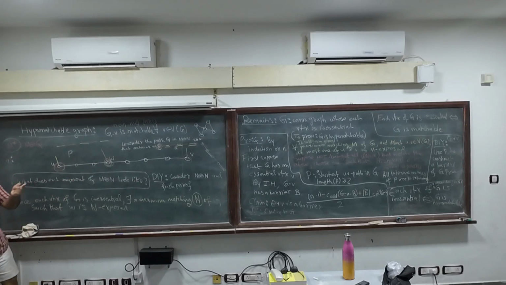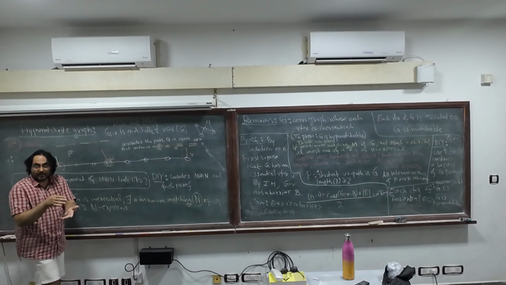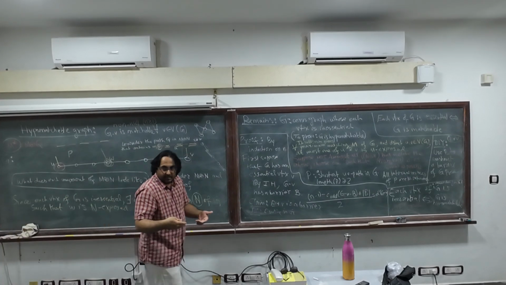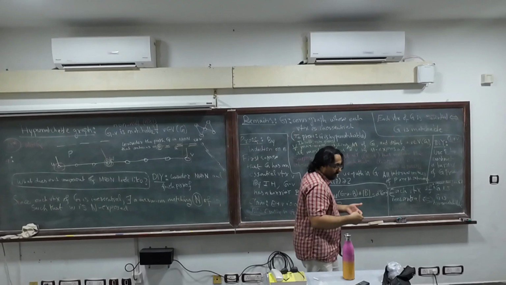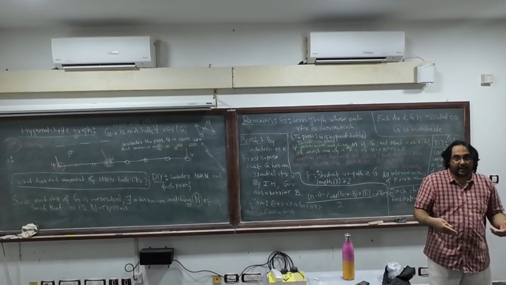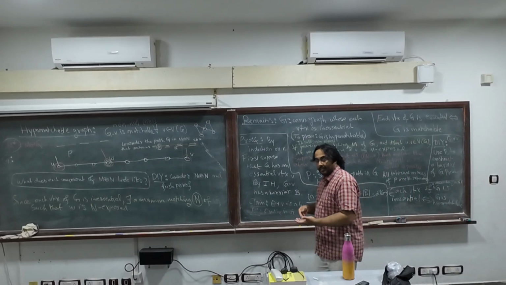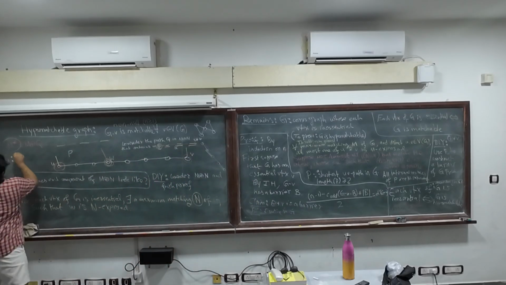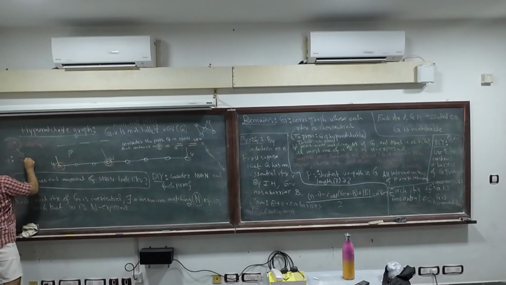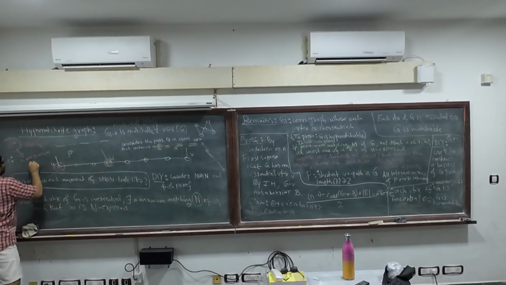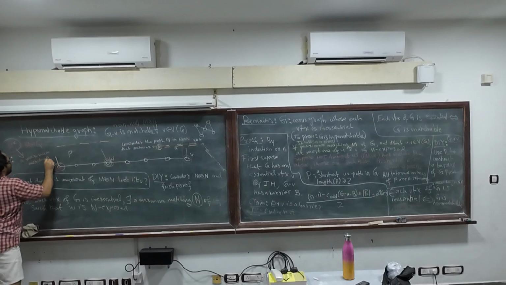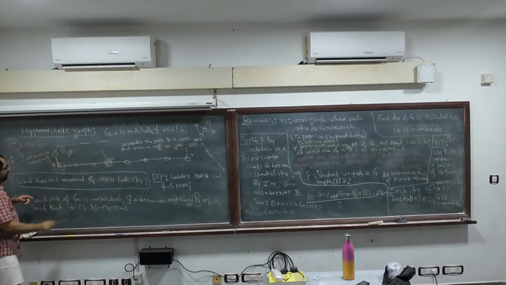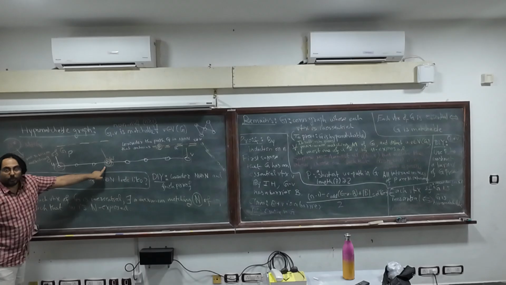But we just switched on an even path. Observe that switching on an even path gives you a matching of the same size. Right? Switching on an odd path doesn't do that. But we switch on an even path, because all paths are even. Right? So now what we have is a maximum matching of G for which both of these are exposed.